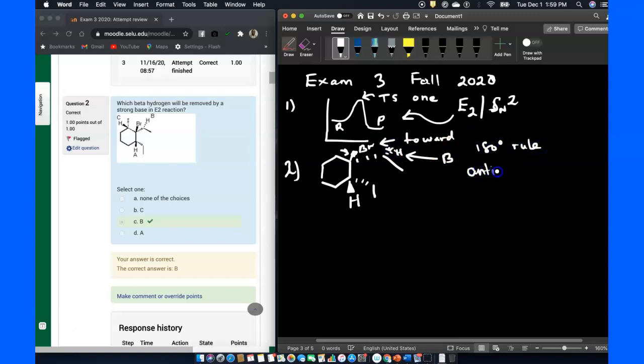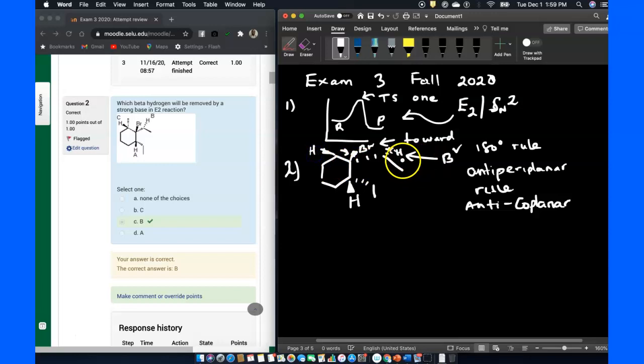I think we call it the anti-periplanar rule. Some authors will call it the anti-coplanar rule, where the difference is just a few degrees. So the one to be removed is B, not C, because C has the same type of bond.